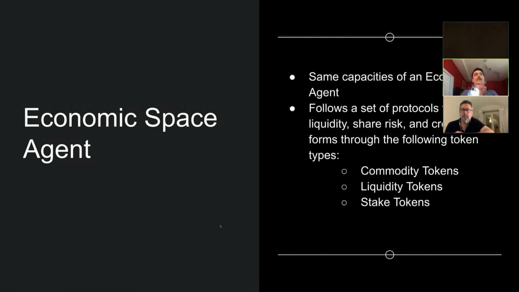So if we keep building further up the stack, as we build towards the crypto economy, we define the economic space agent. An economic space agent has the same capacities of an economic agent, but follows a very precise set of protocols that create liquidity, share risk, and create value through the following tokens: the commodity token, the liquidity token, and the state token.